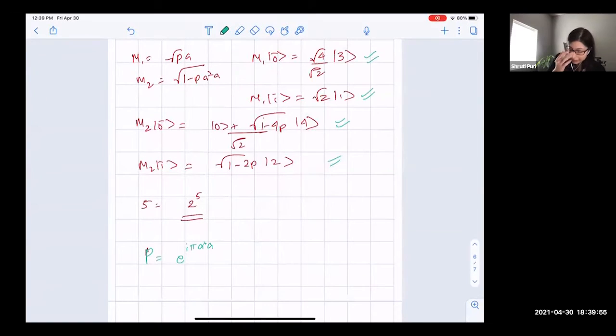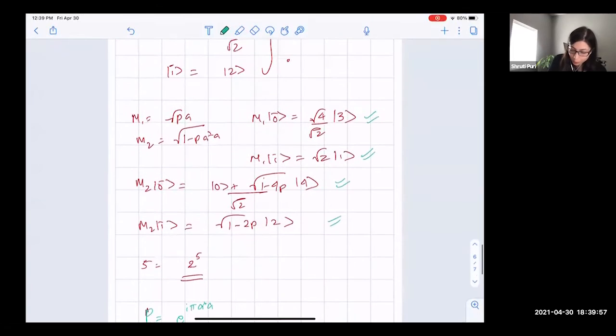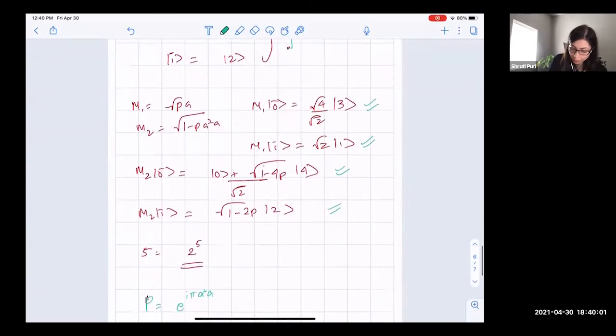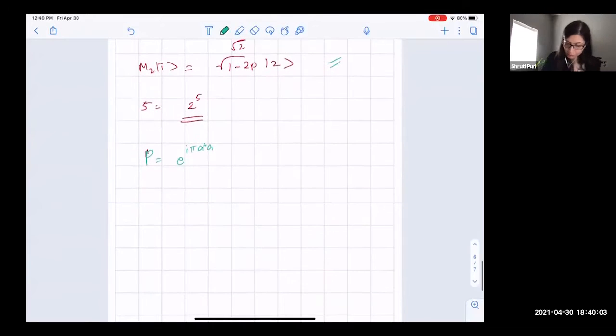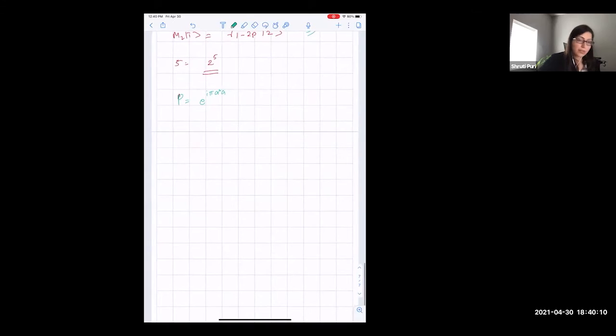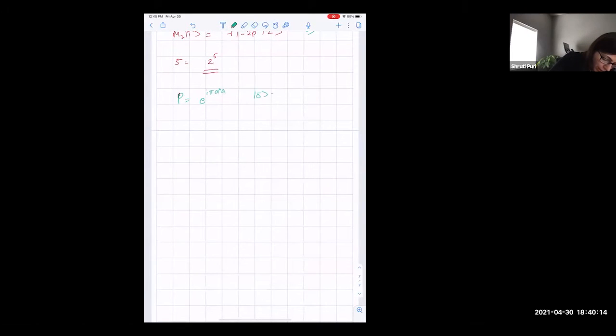Okay, so if you look at it, the code words 0 bar and 1 bar are the +1 eigenstates of the parity operator. So I'm going to go back to this configuration now, so I don't have to scroll that often.